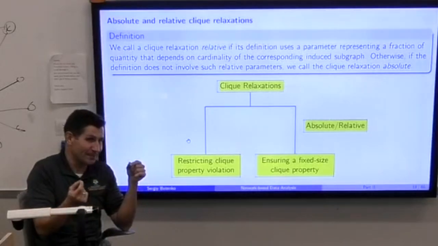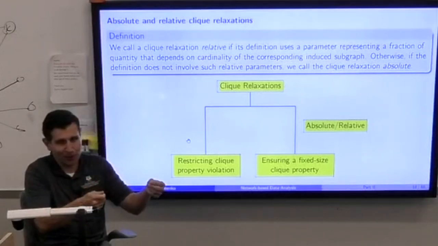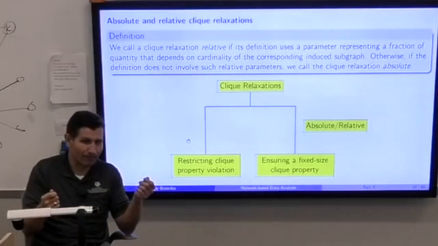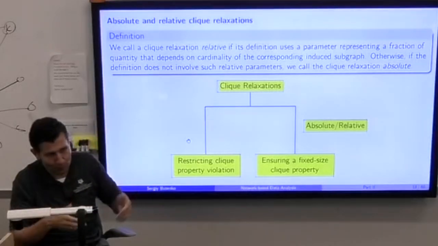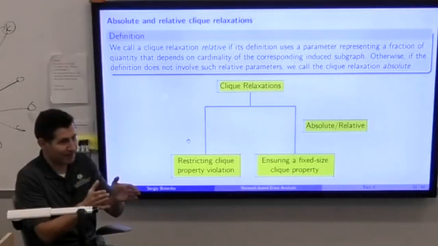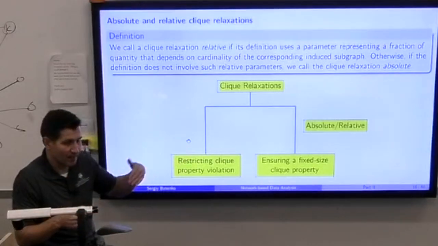So the question is, which ones are most interesting, right? There is a mathematical definition, so mathematically, all of them are of interest. But we are engineers, so we want to only focus on the ones that are practically relevant, really, right? These relative relaxations typically make sense.